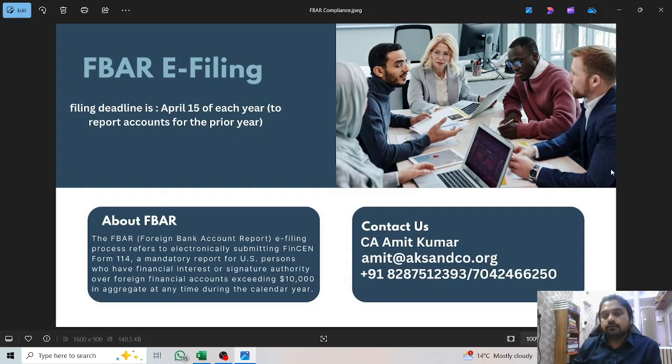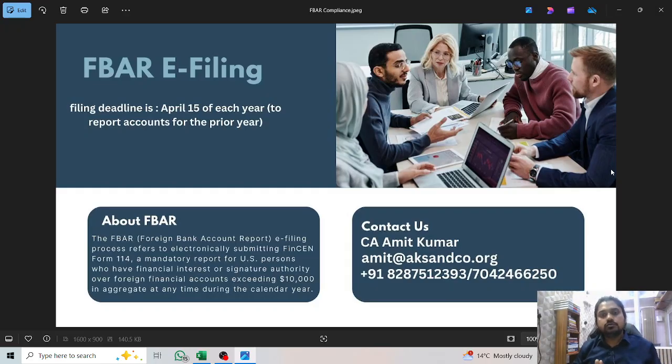So while you are filing your tax returns before the 15th of April, at that time or even before that, you have to complete one more compliance, that is foreign bank account reporting, and it can be filed as e-filing and in paper mode also.